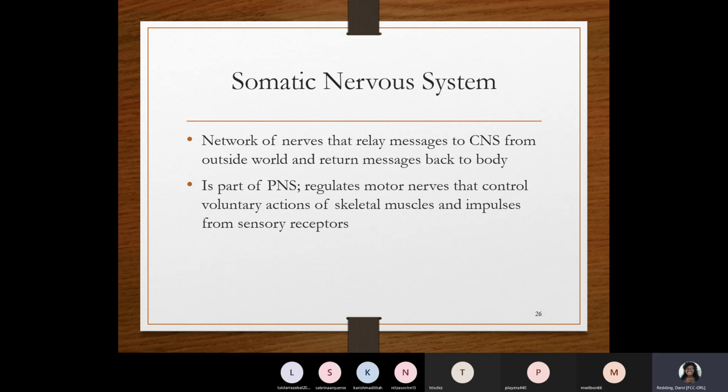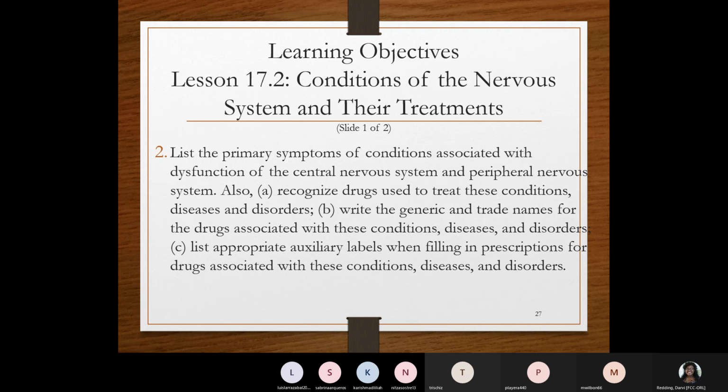So in part, the somatic nervous system is a part of the PNS, which remember the PNS represents the peripheral nervous system. And inside of the somatic nervous system, it helps by regulating the motor nerves that control voluntary actions of the skeletal muscles and impulses from the sensory receptors. So some examples of the receptor sites would include smell, taste, touch, as well as hearing.